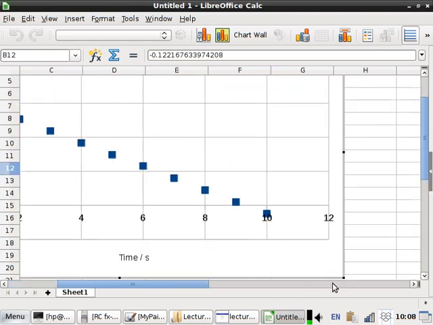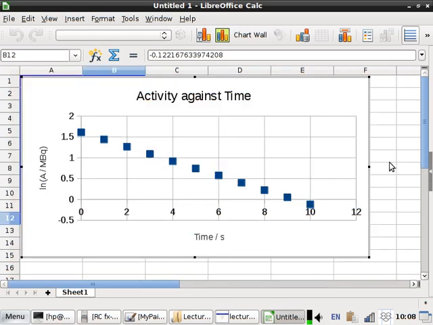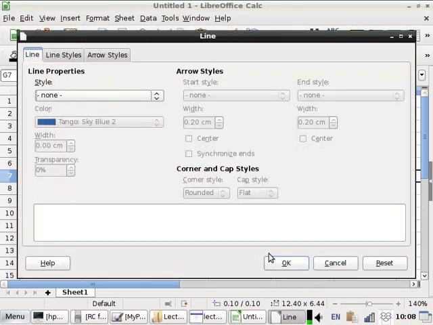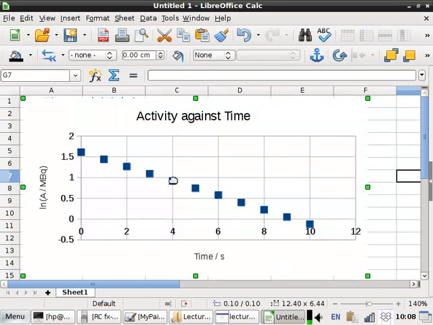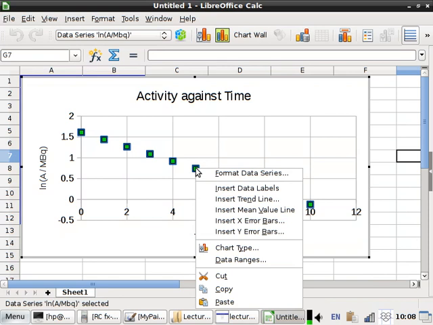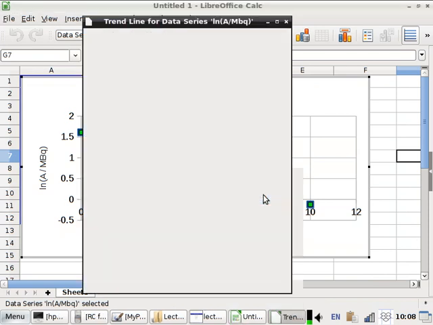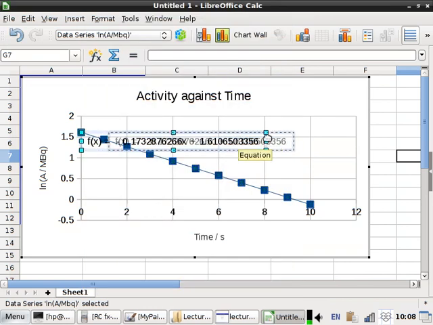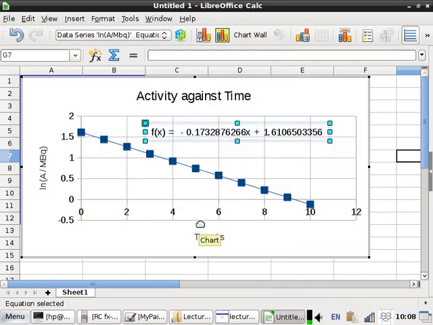You'll notice it goes a little bit negative at the end. And then we put in the trend line. Oh, come on, stop being stupid. Right, there we go. So that's the graph.